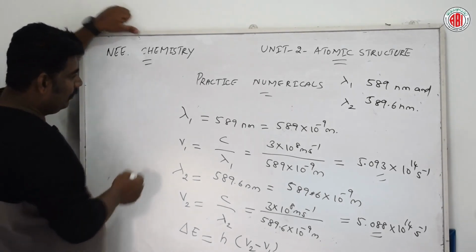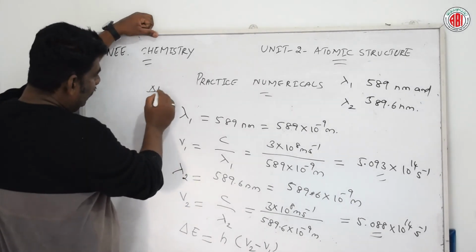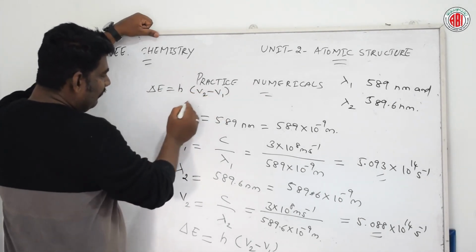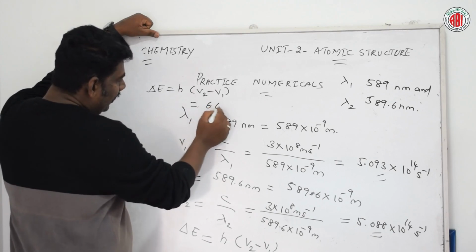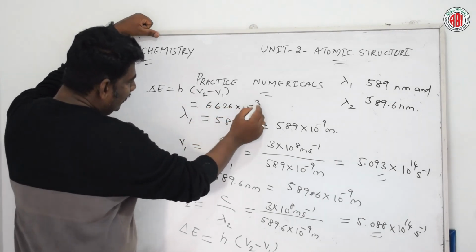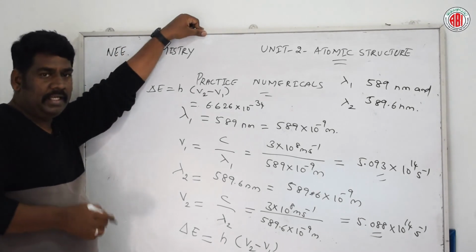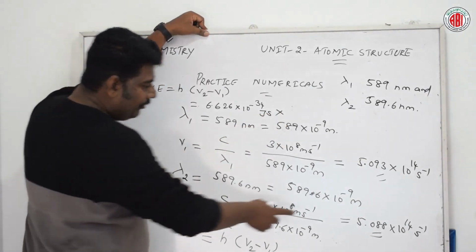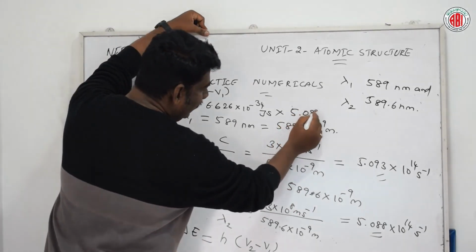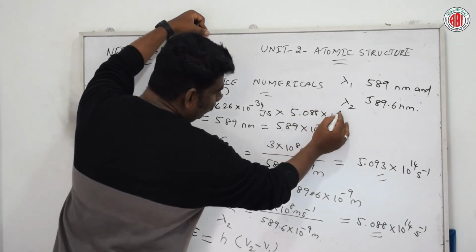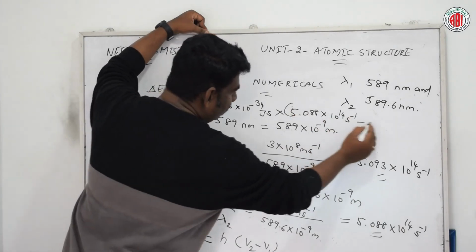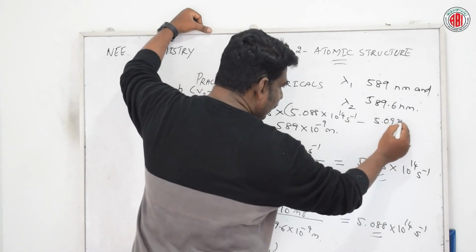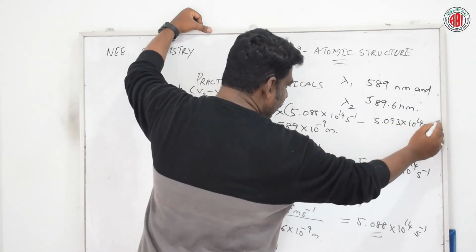So delta E is equal to h times nu 2 minus nu 1. The h value, Planck's constant, is 6.626 into 10 to the power of minus 34 joule second, into the nu 2 value, 5.088 into 10 to the power of 14 per second, subtracted with the nu 1 value, 5.093 into 10 to the power of 14 per second.